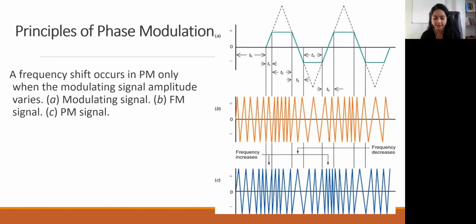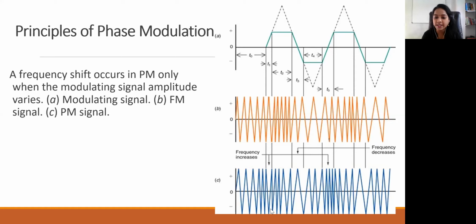I'll just take this to the upper side so you will be able to see this picture clearly. Here this is frequency modulation. See how the frequency of this signal is changing according to the input amplitude. And here in the third picture, that is picture C, you can see the difference, that this frequency is varying with phase.